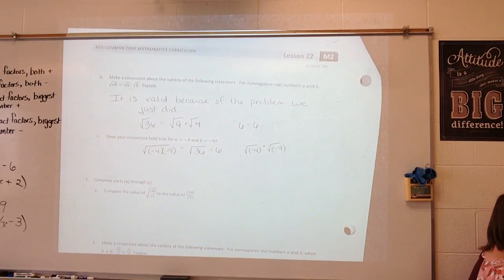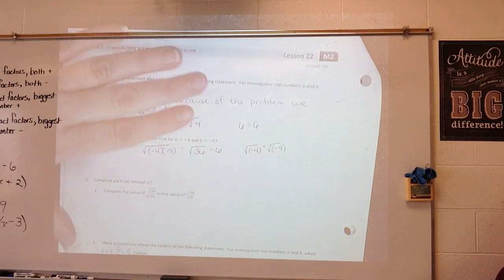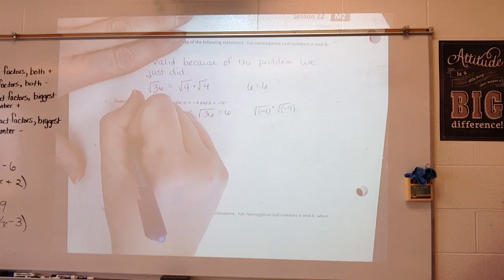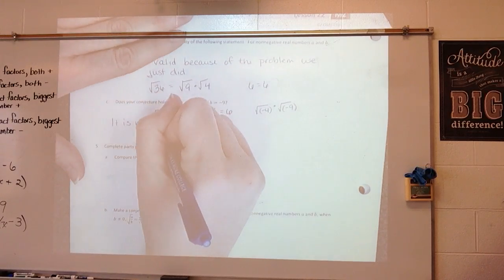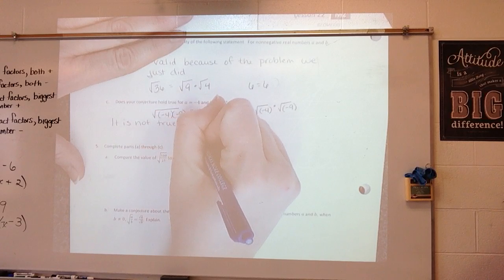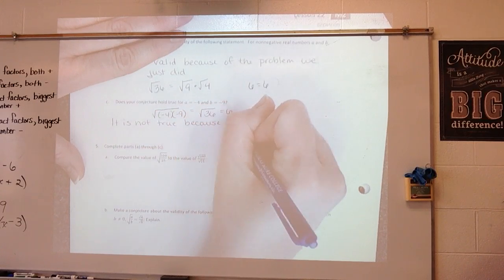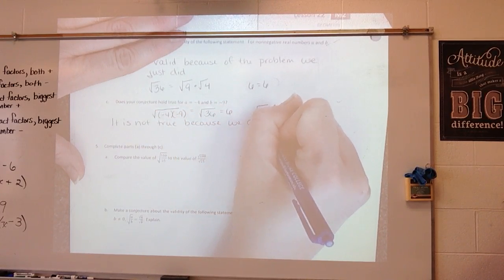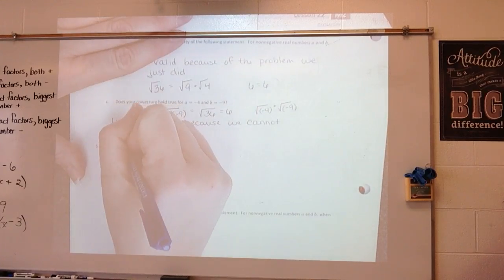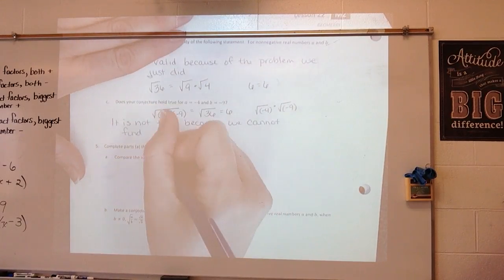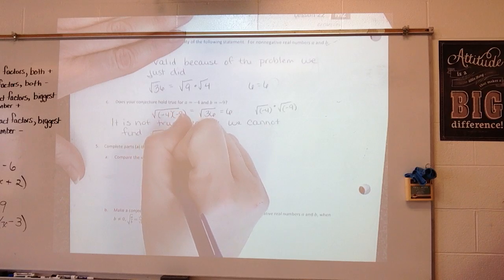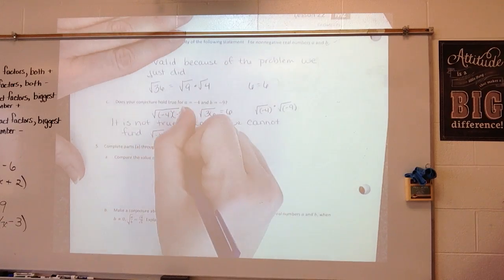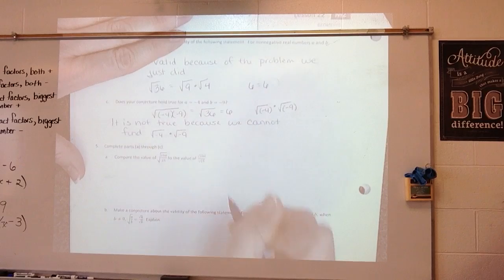I cannot do square roots of negative numbers, so therefore it is not true, because we cannot find the square root of negative 4 times the square root of negative 9.